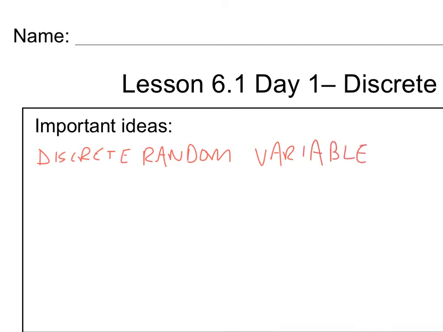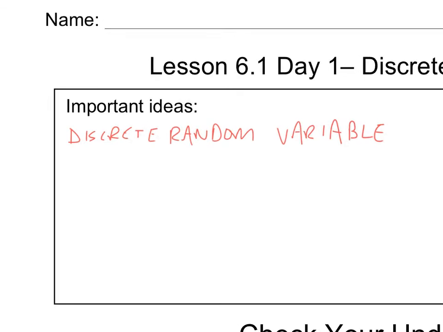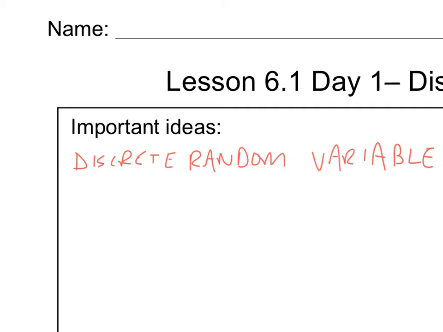Now, the thing about a discrete random variable that's particularly noteworthy is there are separations or gaps between each of the values. So this would be what is measuring your number of siblings. You could have one, two, three, four, or five. That's a discrete random variable. Also, the number of pairs of shoes that you own could be a discrete random variable.